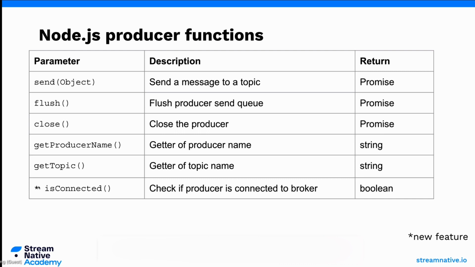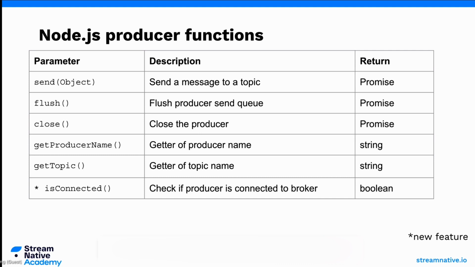I have a highlight mark here. This is a new feature, so this is not in your npm installation yet, but it will come up soon. Also, this is not in our Pulsar documentation yet. Normally, you put it in the exception handling. So if the acknowledgment is not coming back from the broker, after the timeout you can use this check.